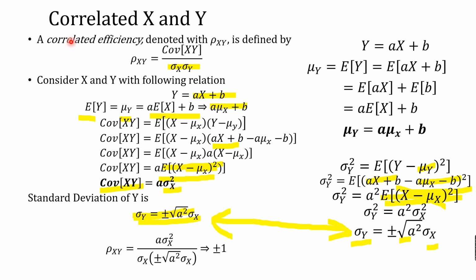As a result, the correlation coefficient will always be plus or minus 1. So it varies from minus 1 to plus 1, not more than that. To prove that the correlation coefficient equals plus or minus 1, these are the steps you should follow.